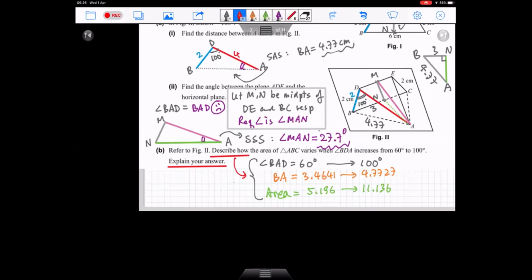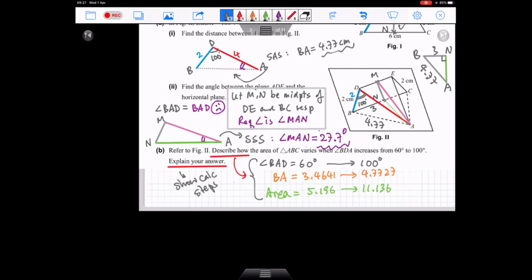The area changes from 5.196 to 11.136. That is the description. Explain your answer is your calculation. Probably you calculate BA and then use Heron's formula to calculate the area. Explaining your answer is to show your calculation steps.